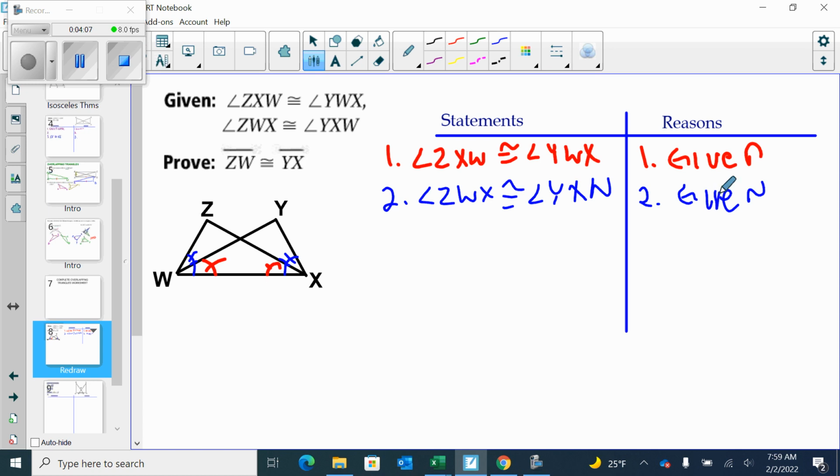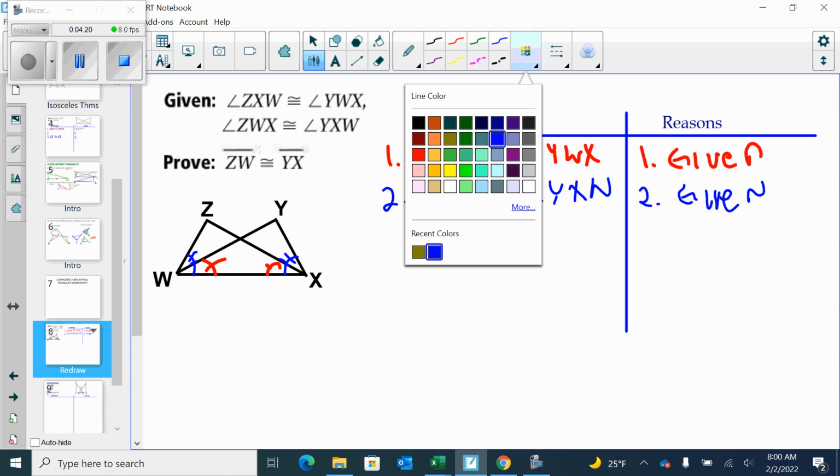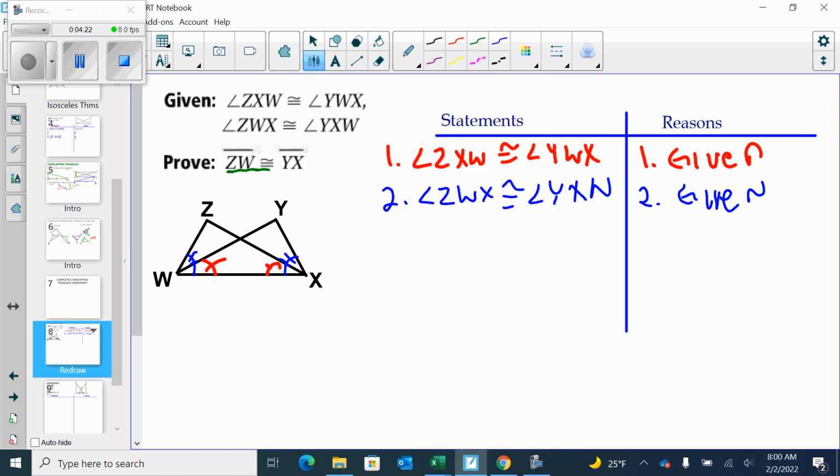So I'm thinking, since I'm using this whole angle here, I'm going to be using the larger triangle ZWX and YWX. Well, let's see. What am I trying to prove? I'm trying to prove ZW and YX, so it is them. So I may want to do this.